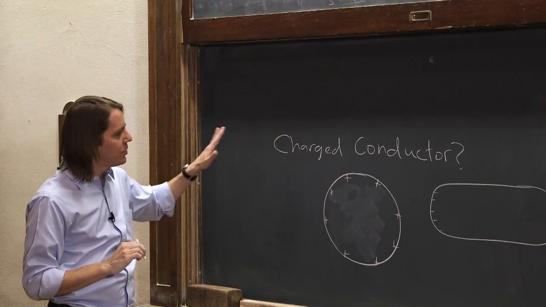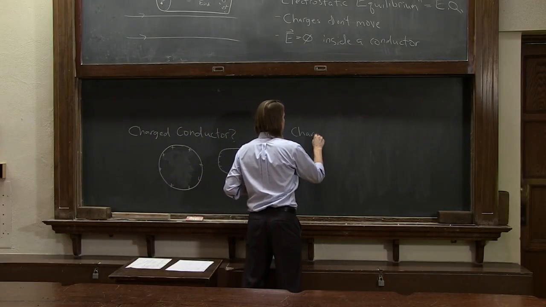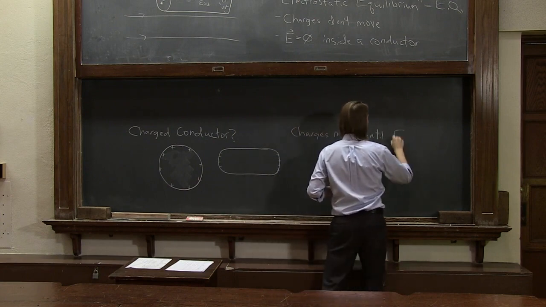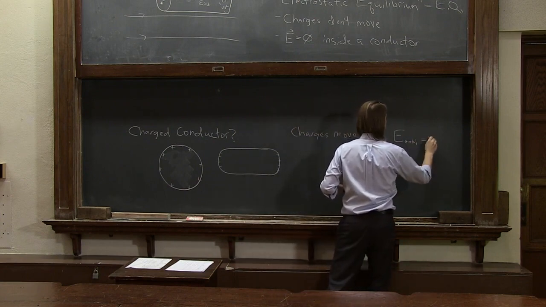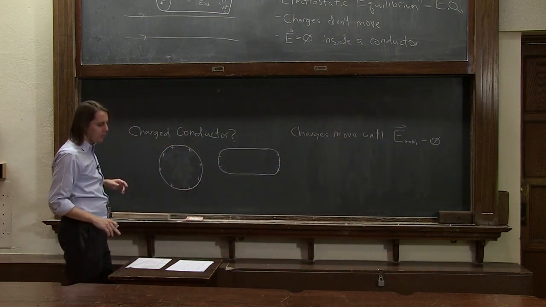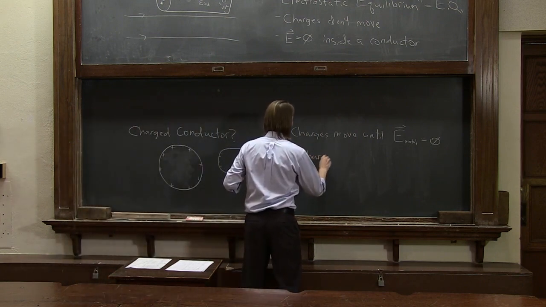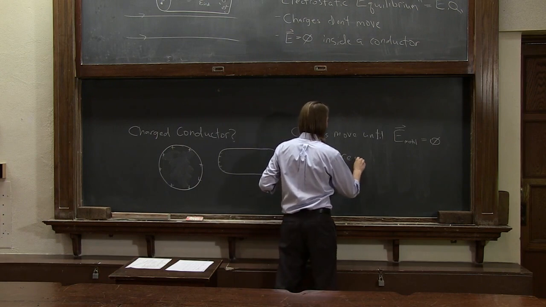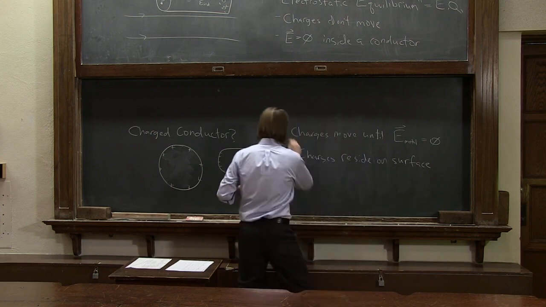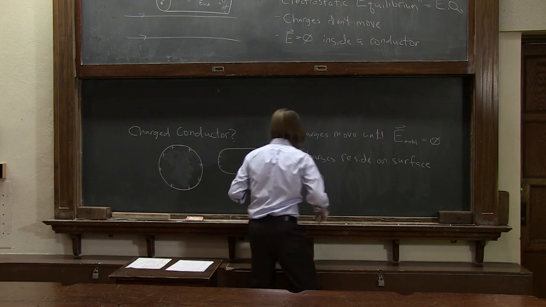So in a charged conductor, you have a fairly similar situation. The charges move until E in the metal equals 0. They reside on the surface, even if it's excess charges. And this all assumes that we've reached an electrostatic equilibrium.